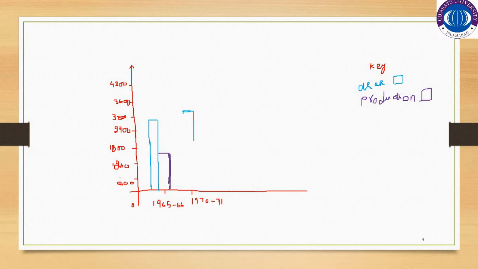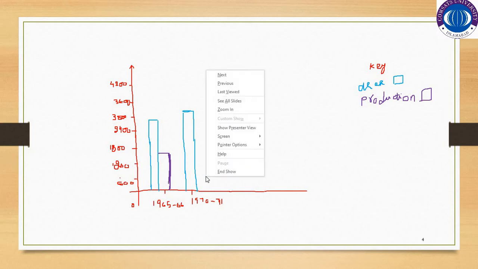So we will construct the bar which represents the area, and for production we will change the color, and production is 2229, it would be somewhere here.